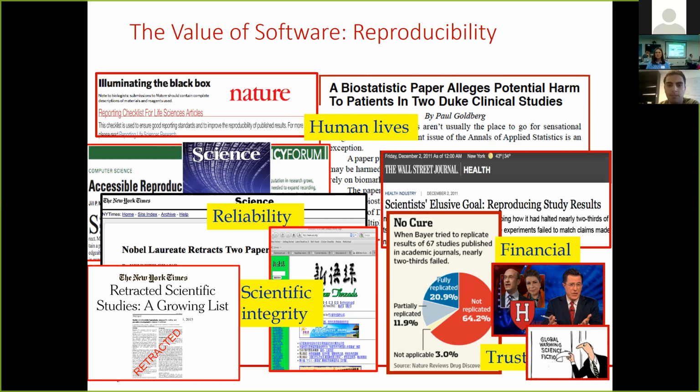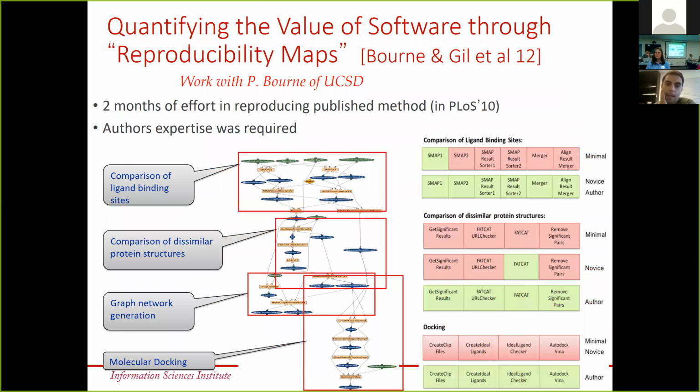Plus reproducibility, of course. We did some of these exercises as well. I can tell you that I have spent a lot of time trying to reproduce the work of other people. In this work in particular, it's an exercise that we did with a professor from UCSD that had all the software, data sets and the paper online, for everyone to reproduce, and they claimed that the whole experiment was reproducible.